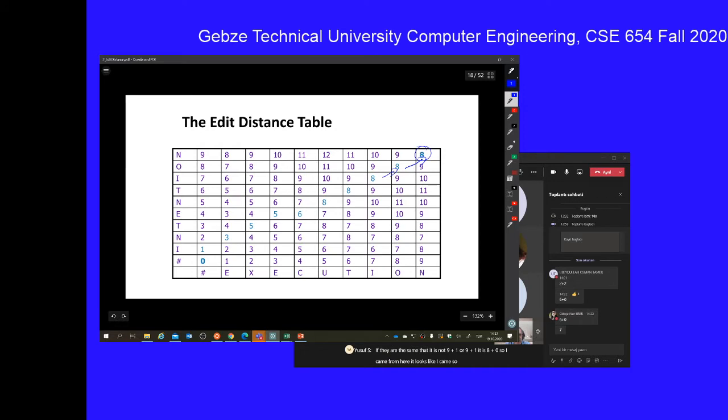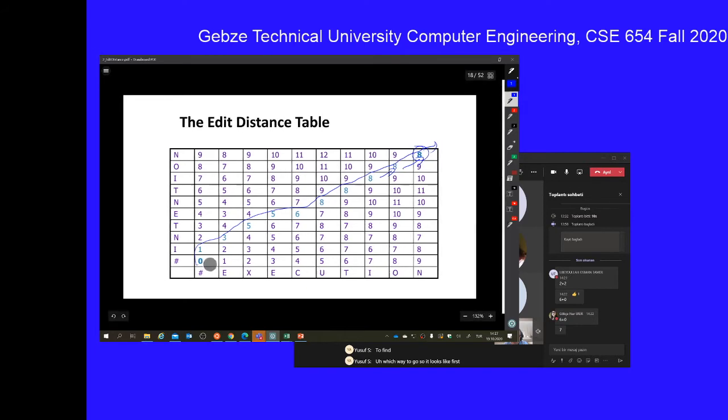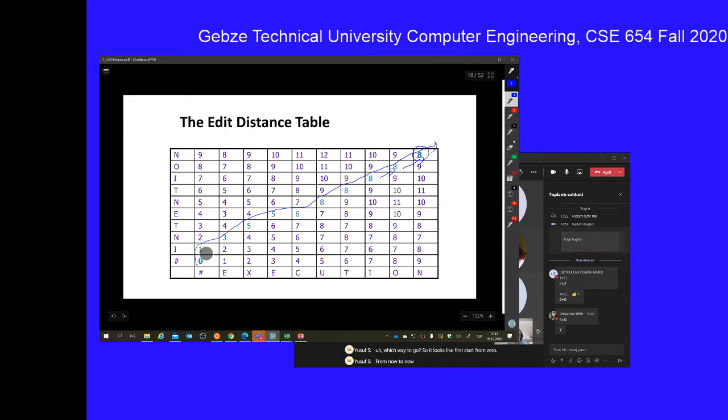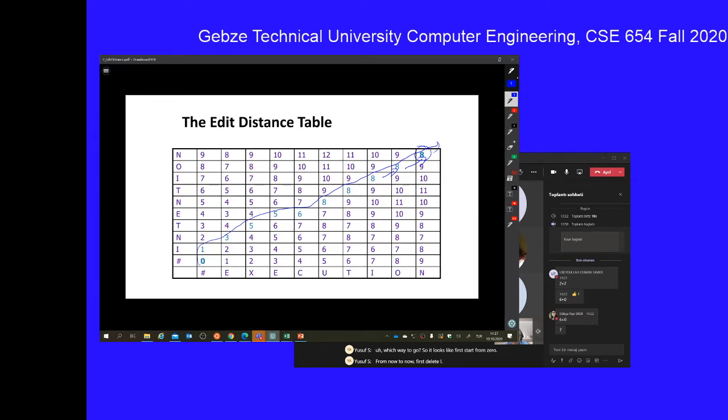It looks like they changed the color of this nice path. Okay. I will follow this path to find which way to go. So it looks like first start from null to null. First delete i, right?